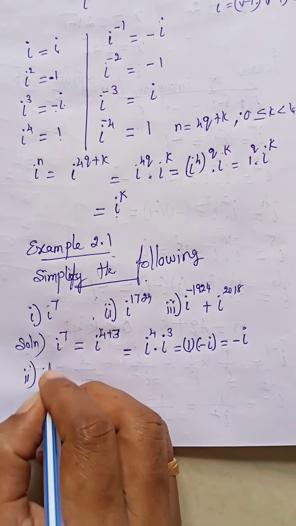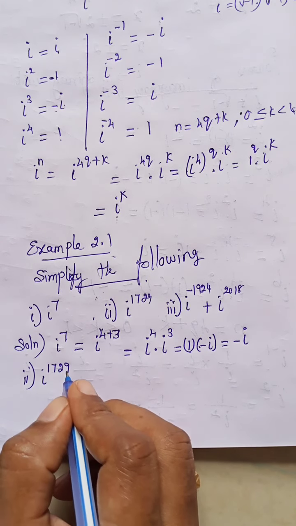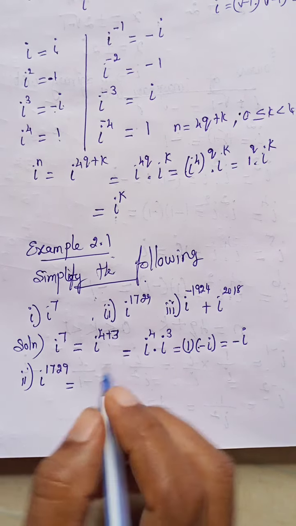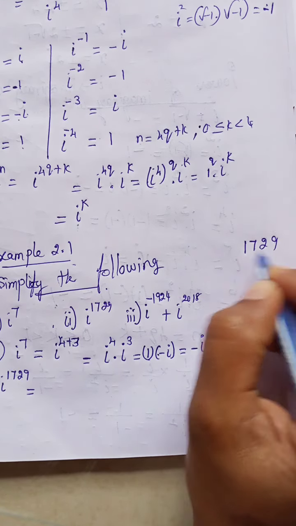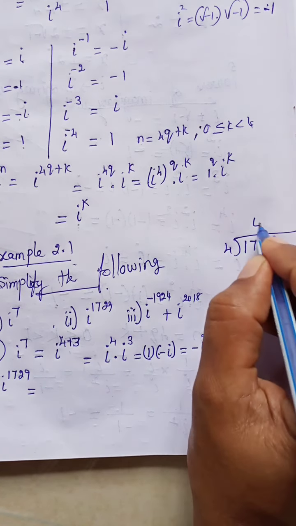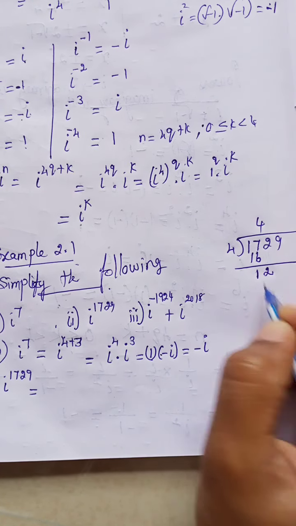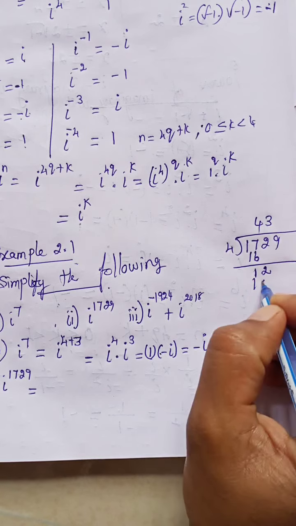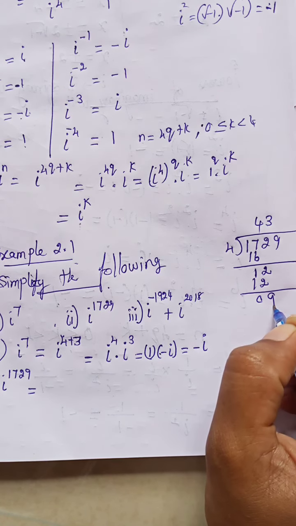Subdivision 2, i^1729. So first we should check, divide and find out the remainder. 1729 divided by 4. 4 fours are 16. 1. We have to take the number 12. 3 fours are 12. Here no remainder. Next number is 9.